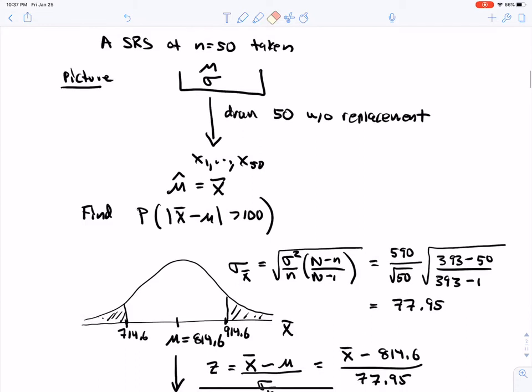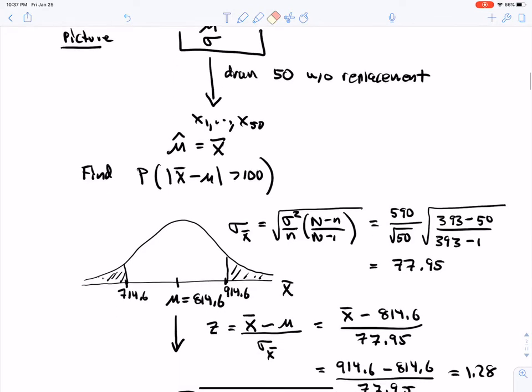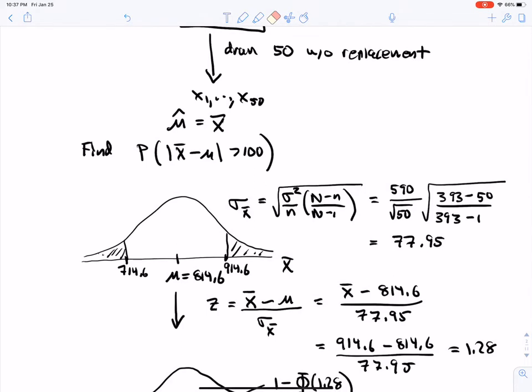So, a little practice finding probabilities: we want the probability that we're in the tails. X bar is approximately normal by the central limit theorem, centered at mu, which is 814.6. We just need the standard deviation, which we're given by a formula from above for the distribution of x bar.